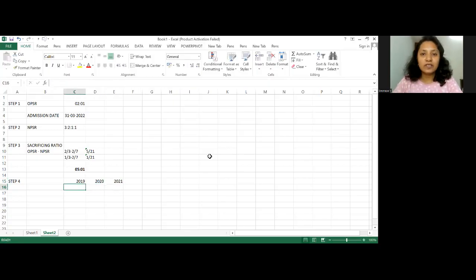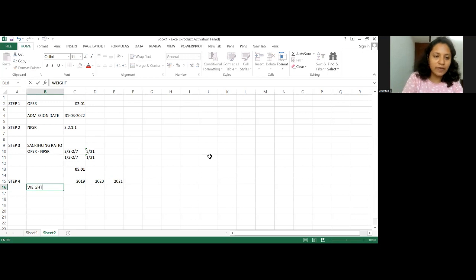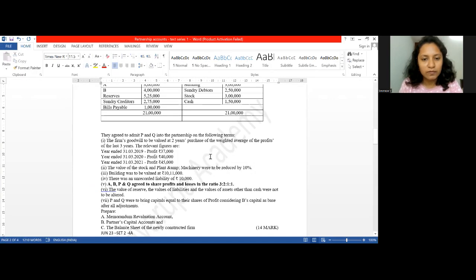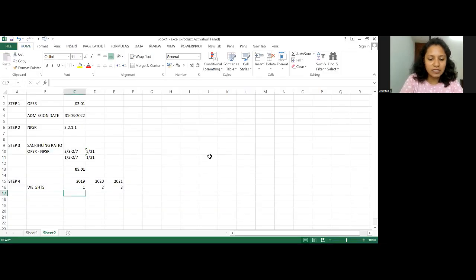Whenever the word weighted average is mentioned, that means we have to give weights for each year. So we'll be giving weights 1, 2 and 3. And the profit is 37,000, 40,000 and 45,000.